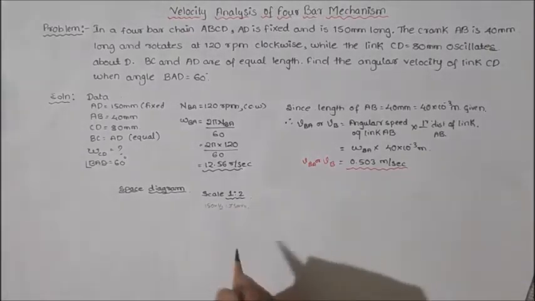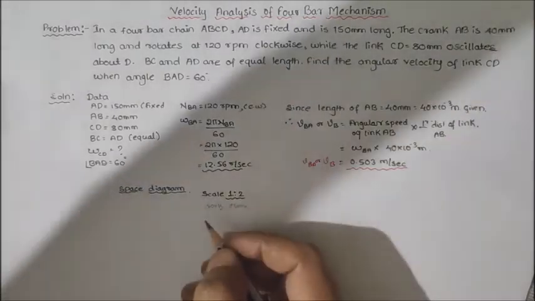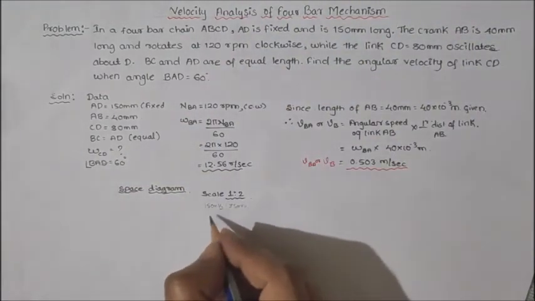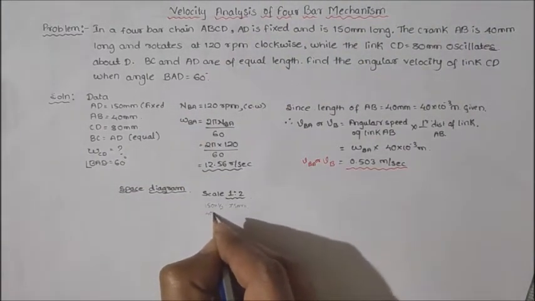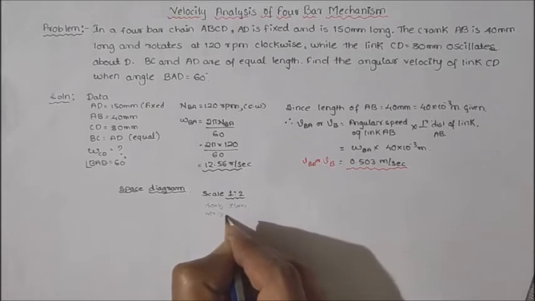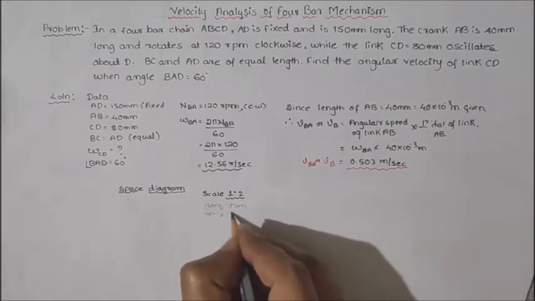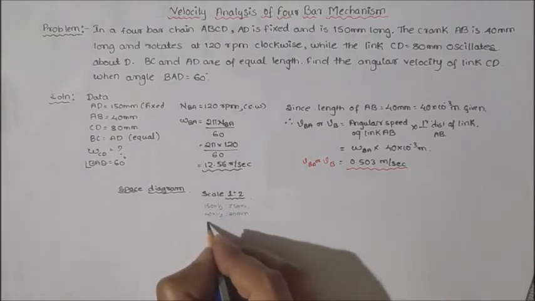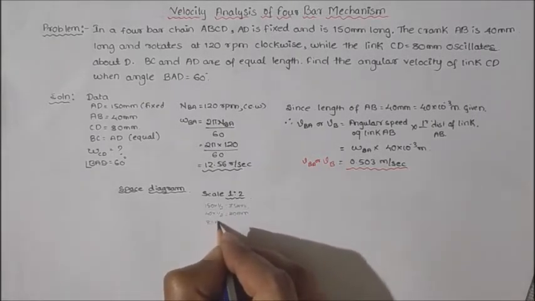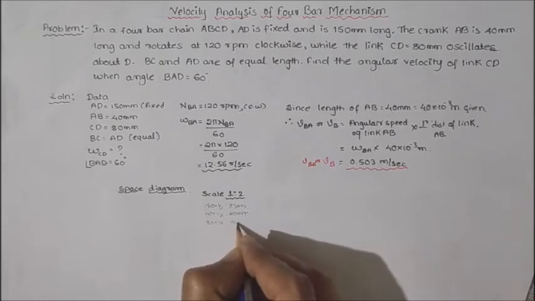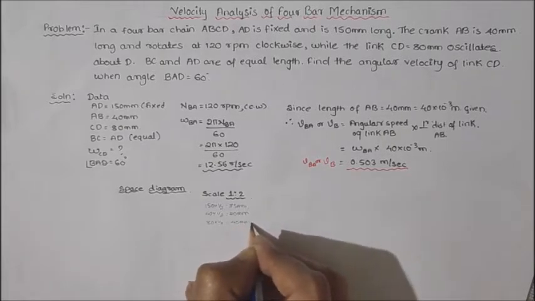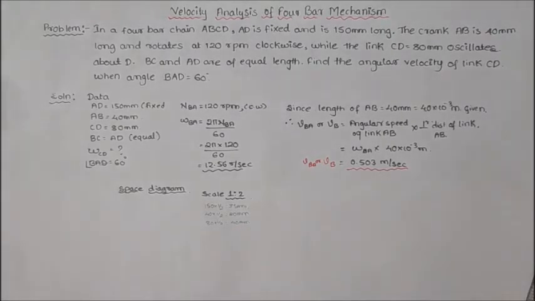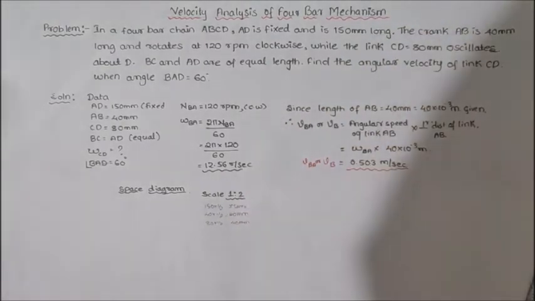In pencil we'll write so that it will be easy for us. Then 40 into 1/2, that is equal to 20 mm. Then 80 into 1/2, that is equal to 40 mm. So this will help us to draw the diagrams.